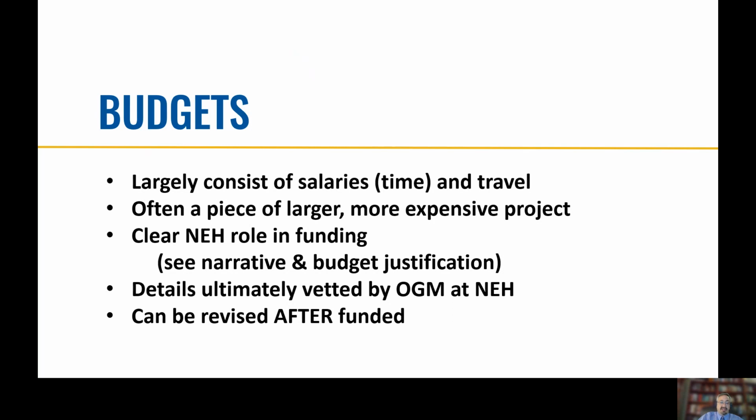The details of this are ultimately vetted. So if you've done anything in the budgets that's not allowable, those will get vetted by our Office of Grant Management at the NEH after you receive an award. So it's still possible to make some revisions to budgets if there are some things that are incorrect or not done correctly, and that can take place in a post-offer phase of your award.